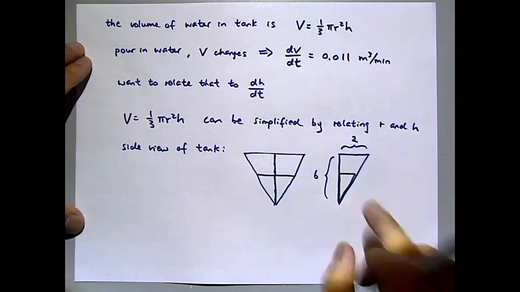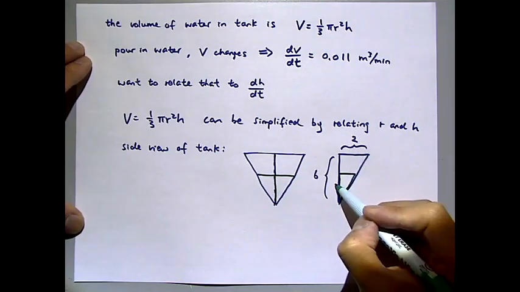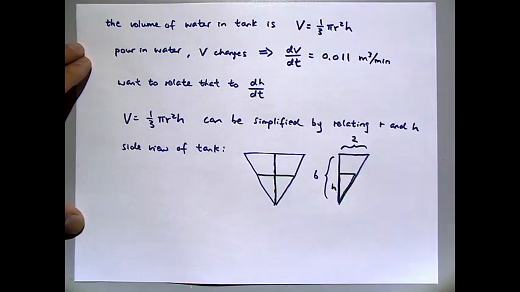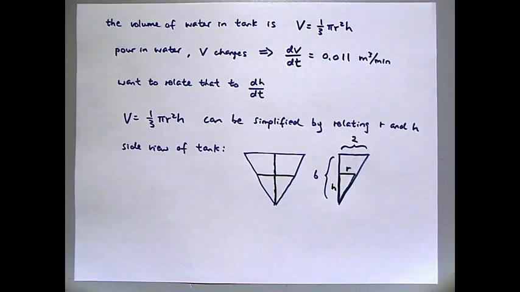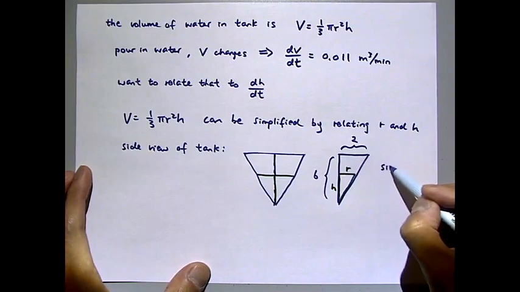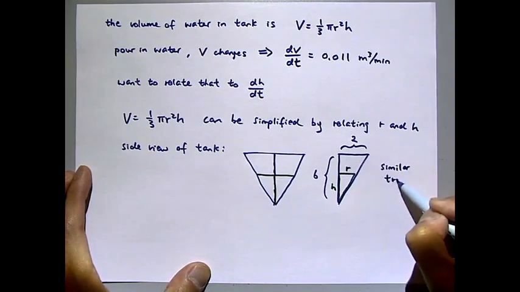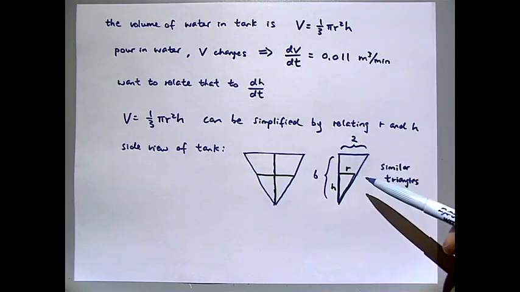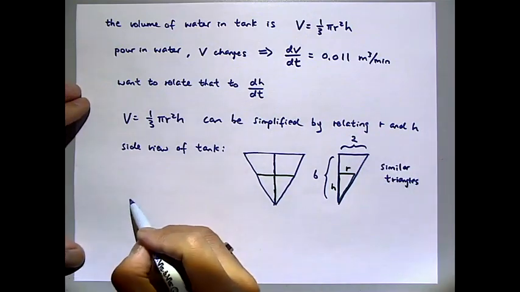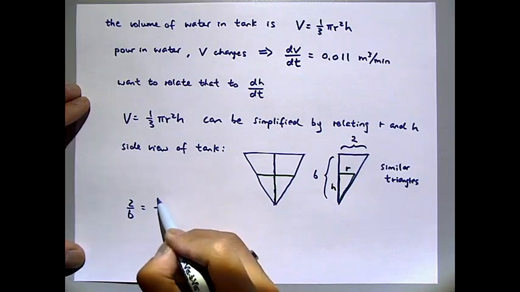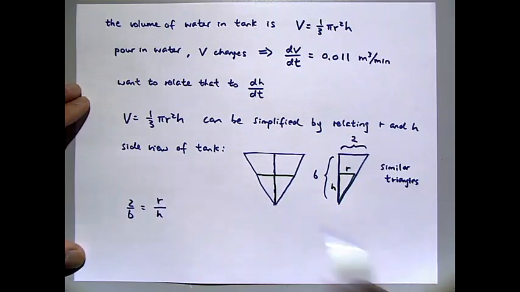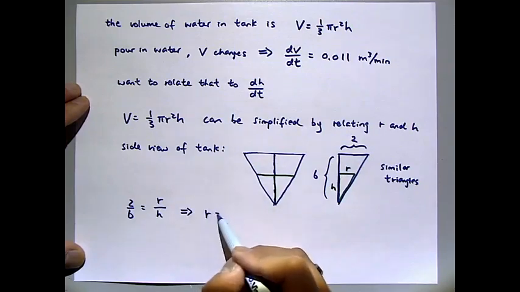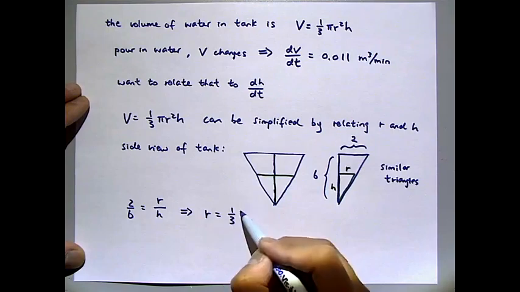And for the smaller triangle, this is representing the height of the water, that's what we're calling H, and that's the radius of the surface of the water, that's what we're calling R. And just like in the last example, we have similar triangles again. We can relate the ratio of the sides of these two. So we see that 2 over 6 is equal to R over H. This means that R is equal to 1/3 times H.